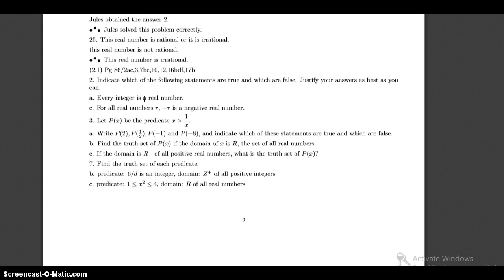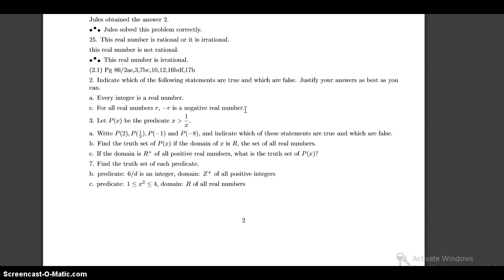So here, first you determine if the sentence is true. What it says is r is a real number. Negative r means you put a minus sign in front of this number, and do you always end up with a negative real number?